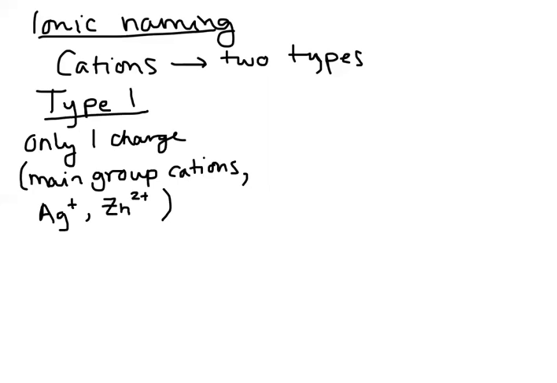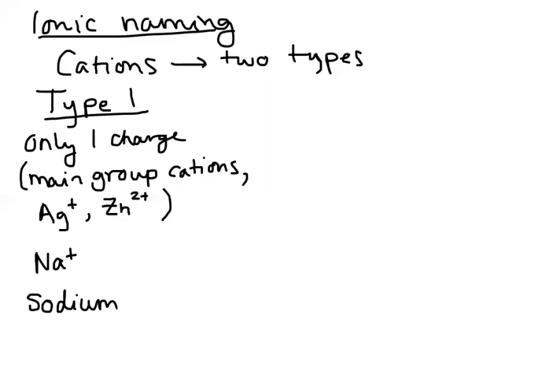The naming for this is really easy. So we will combine the cation and the anion naming, but first, to name an ionic compound, since you have the cation first, you give the cation name first. And the easy thing about type 1 cations is you don't do anything. So if it starts with Na plus, you're just going to write sodium.